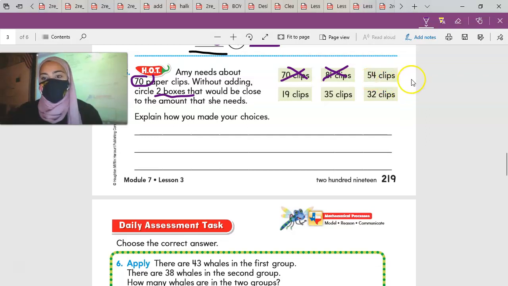Let's see. 54 is closer to 50, and 32 is closer to 30. And 50 plus 30, 5, 6, 7, 8, is 80. We want a number that's close to 70. So good try, but it's too big.